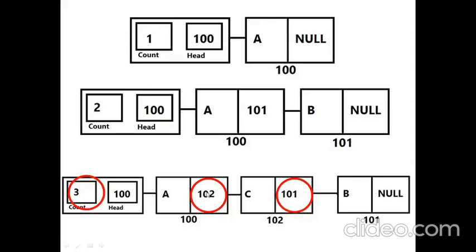Just look at the problem. If you do it in the wrong order, that you first replace this by 102 and then you want to write 101 here, that is impossible, because once you have overwritten this 101 by some other value, you can't access 101 anywhere else. So this node will remain disconnected from the list and it cannot be connected again.